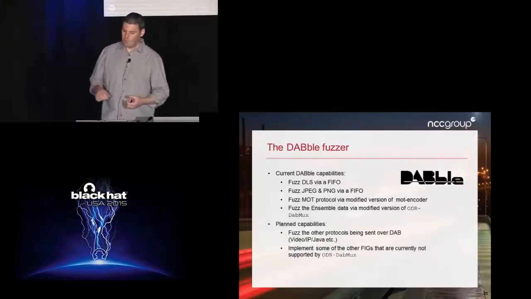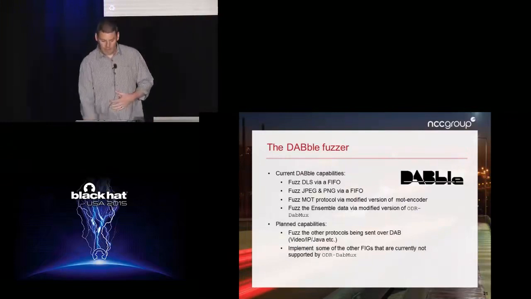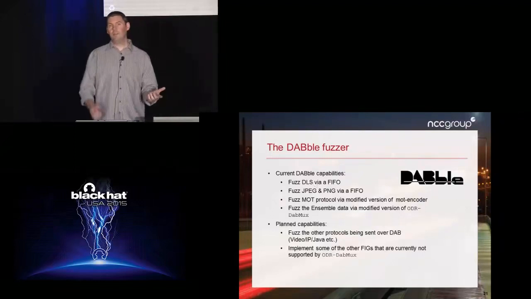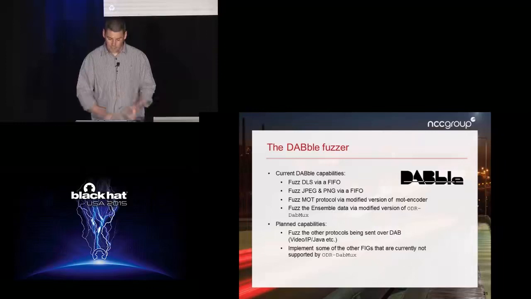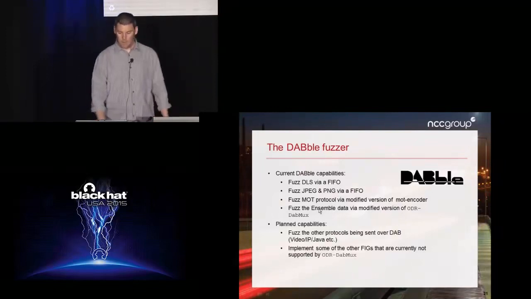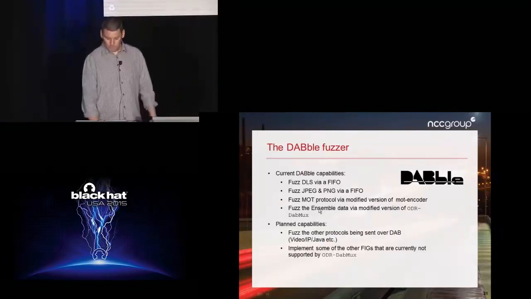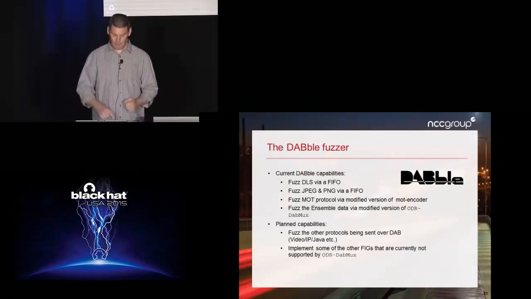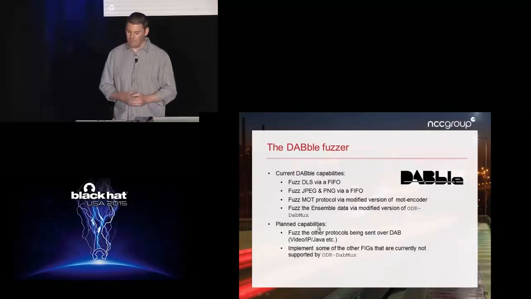The fuzzer, which is called Dabble, enables you to fuzz DLS data, so this kind of text-based stuff that's rendered by the head unit. It allows you to fuzz JPEGs and PNGs, again via a FIFO. You can fuzz the MOT protocol and the ensemble data as a result of the hooks that we put into the open source product.